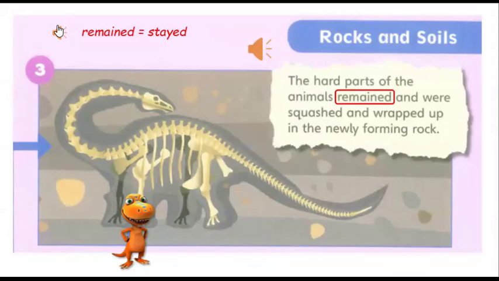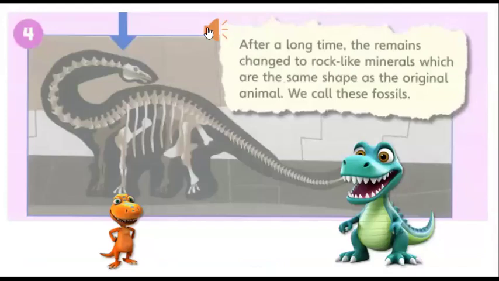Remained means stayed. The hard parts of the animals remained and were squashed and wrapped up in the newly forming rock. After a long time, the remains changed to rock-like minerals, which are the same shape as the original animal. We call these fossils.